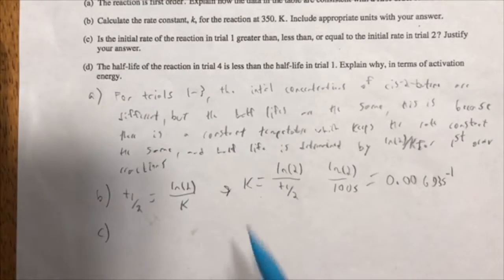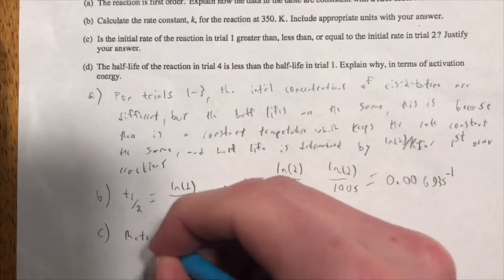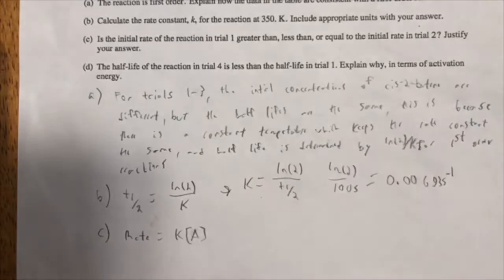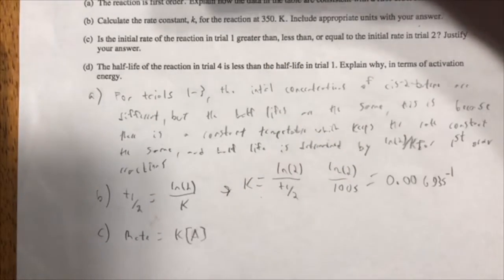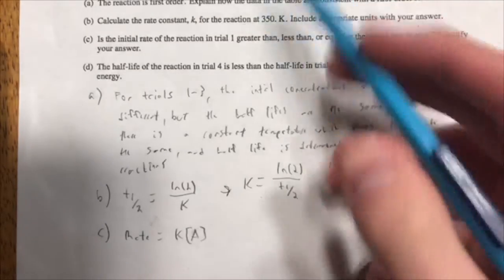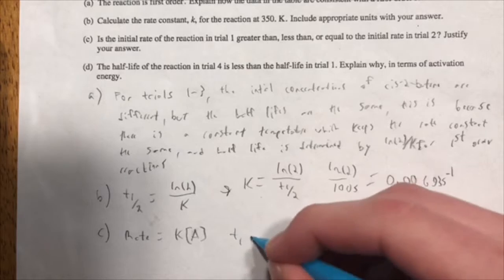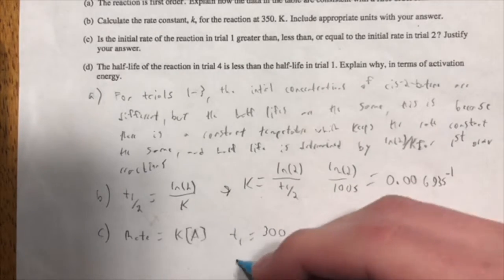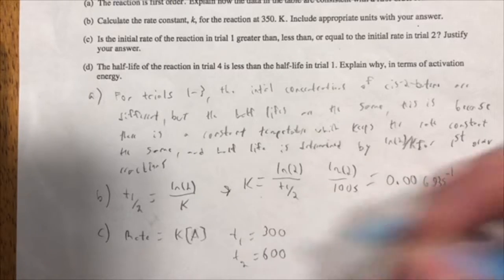Now part C. Is the initial rate of the reaction in trial 1 greater than, less than, or equal to the initial rate in trial 2? Justify your answer. Well, as I explained, the rate of a first order reaction is equal to k times the concentration. In trial 1, our initial concentration was 300, and in trial 2, our initial concentration was 600.